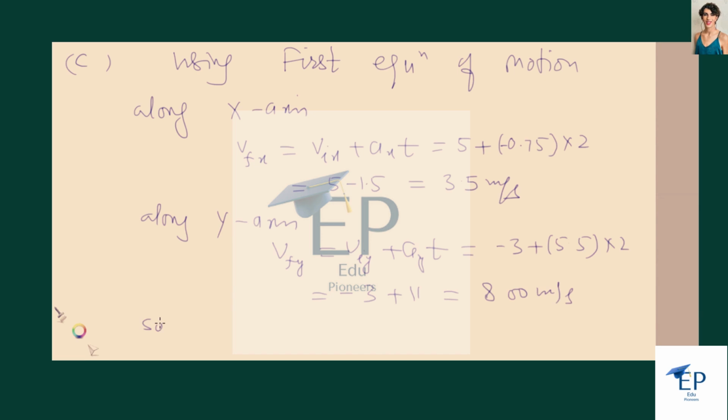So the net speed, using vector addition, Vf, the final speed, comes out to be the square root of the square of Vfx plus the square of Vfy.